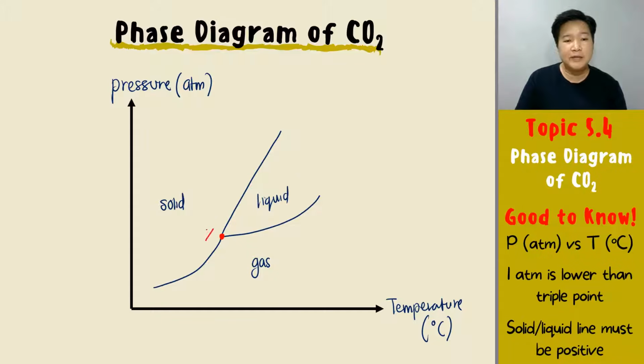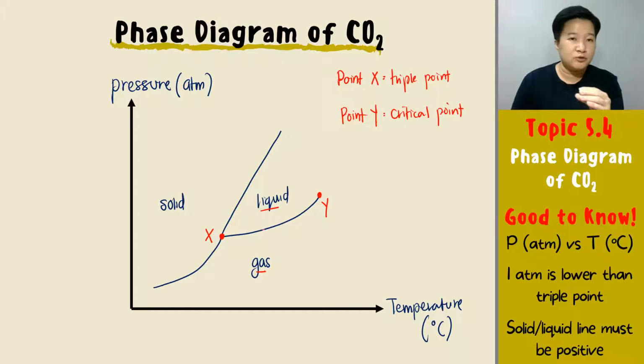Let's say I label it as X. So over here, your point X is your triple point. You can just put down the label. And then over here, your critical point, make sure your critical point is between liquid and gas. Let's say that is my point Y. So you just label that point Y, and my point Y is my critical point.